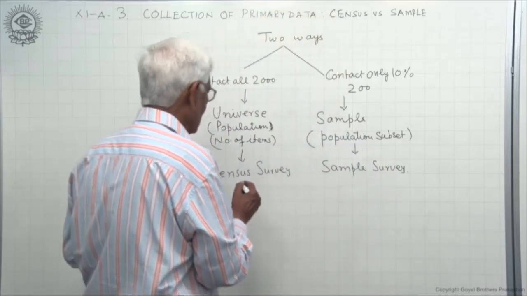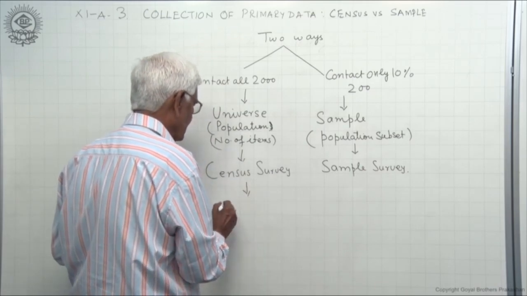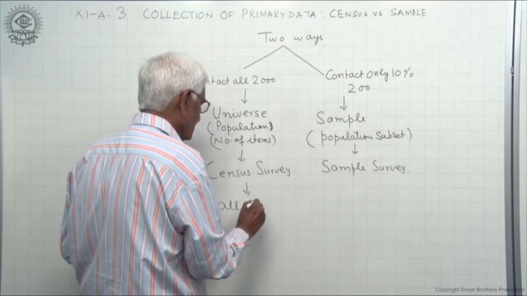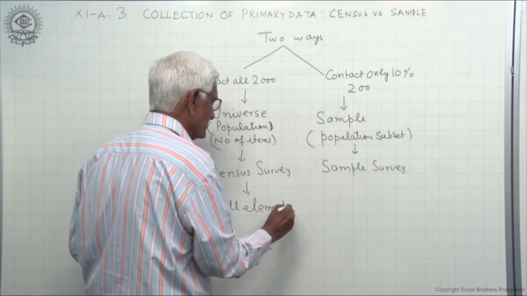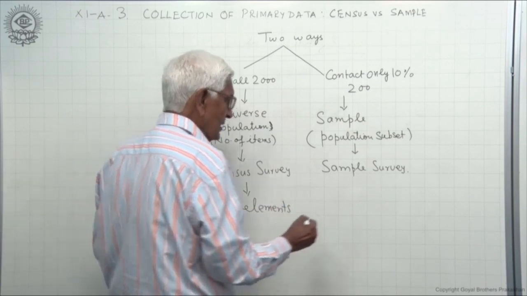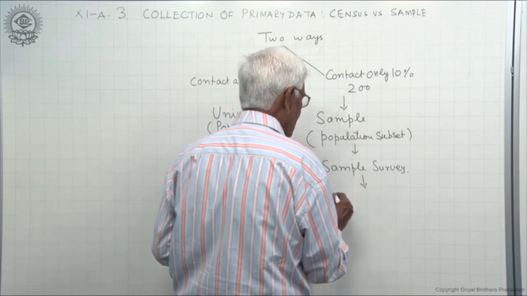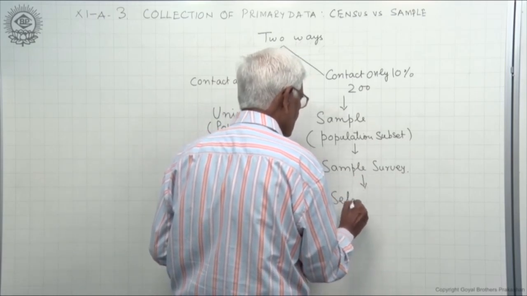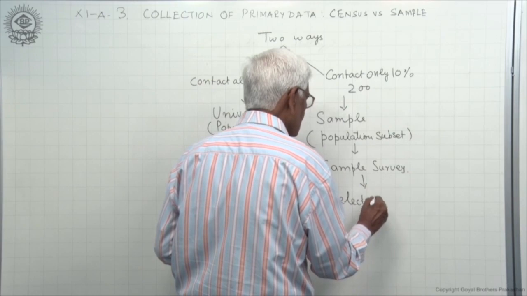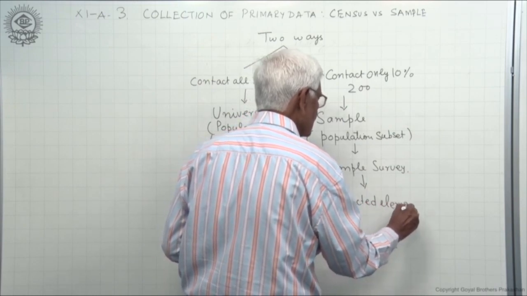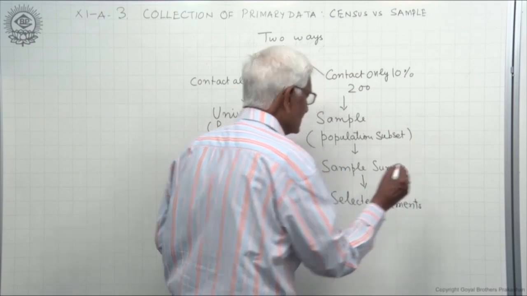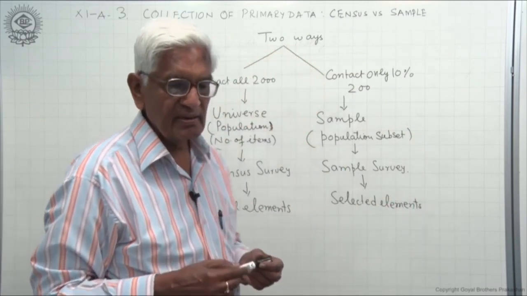So, in this we take all elements. And in sample survey we take selected elements.